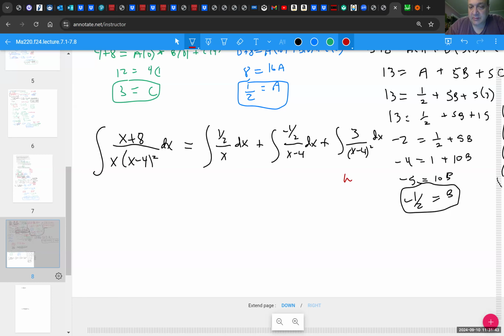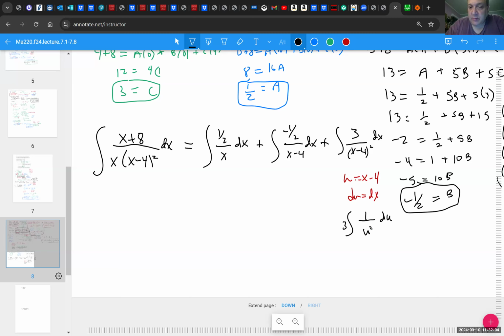I'll do u is equal to x minus 4. And that gives me du is equal to dx, right? The derivative is just the same. And so this integral on the right becomes, I'll take the 3 on the outside, 1 over x minus 4 squared becomes 1 over u squared du.